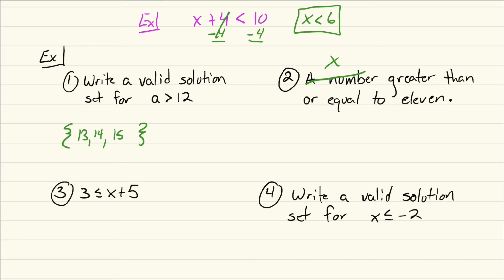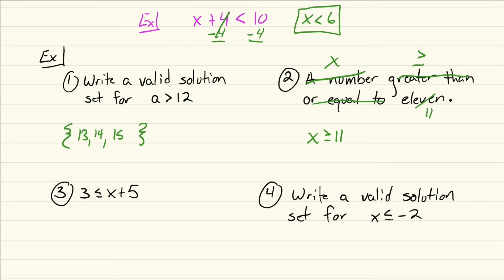Then we have greater than or equal to. That's self-explanatory. Greater than or equal to is going to be our sign. And then 11 is just the number 11. And that pretty much gives us our answer. X is greater than or equal to 11.